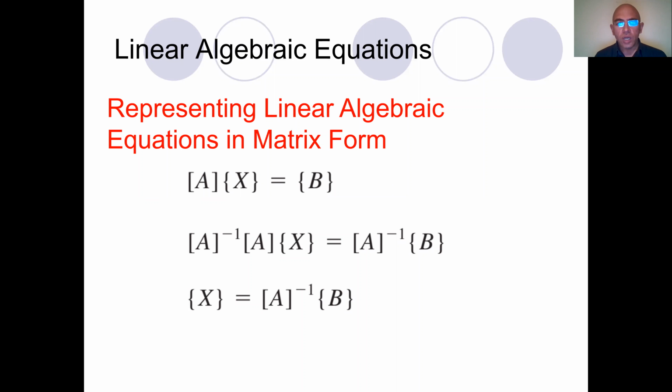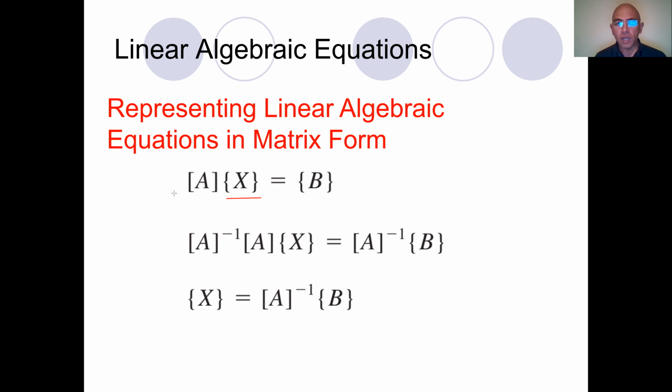Now basically I have a matrix of coefficients A, I have a vector of unknowns, a column vector, and I have a vector of right-hand side, again a column vector. The only thing that I need to do is multiplying, because I want to find the x, right? I want to find the values of the unknowns.